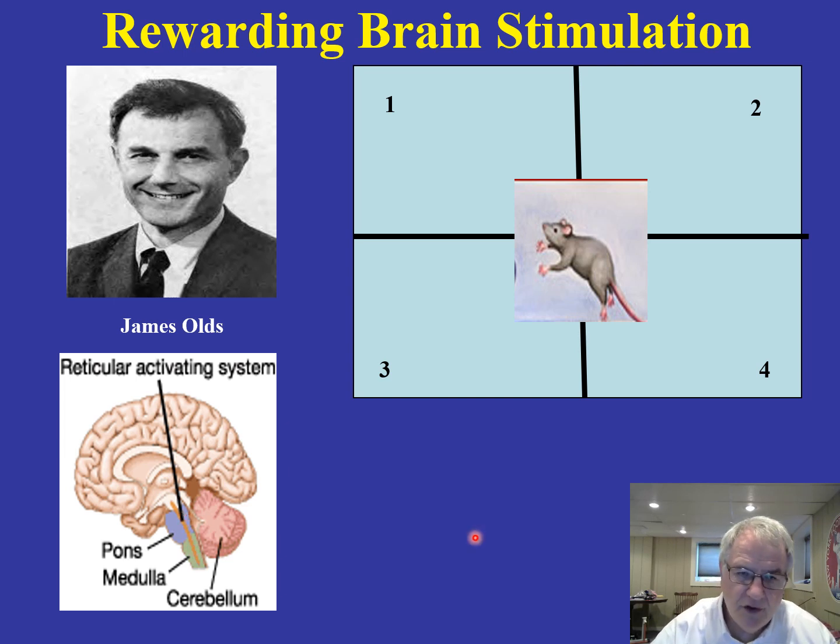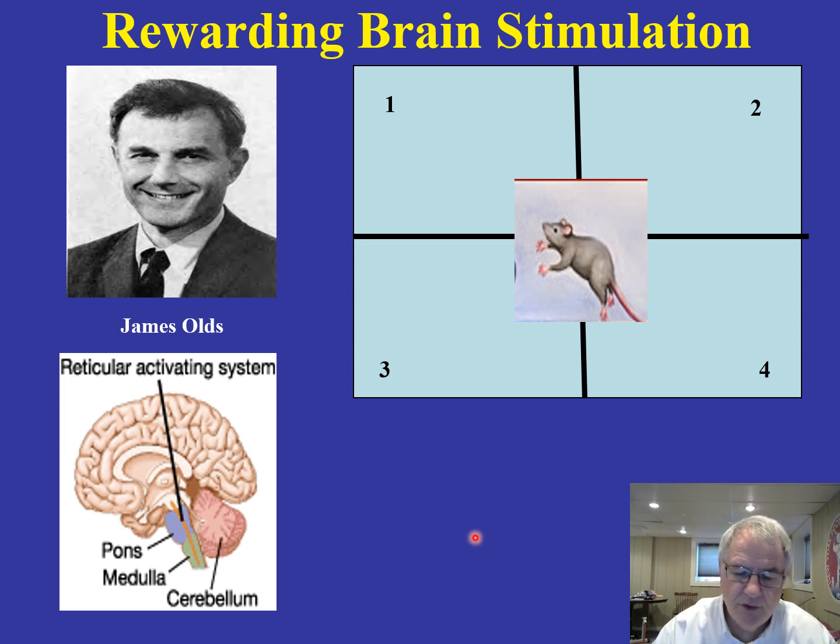And what they speculated was that an animal that's slightly aroused is probably an animal that learns better because it's more aware of its environment and is more attentive to things going on in its environment.